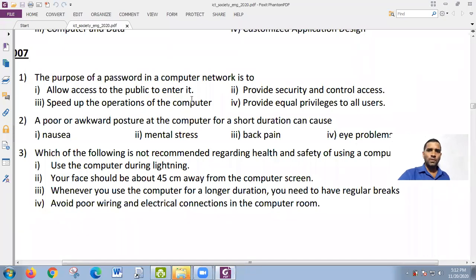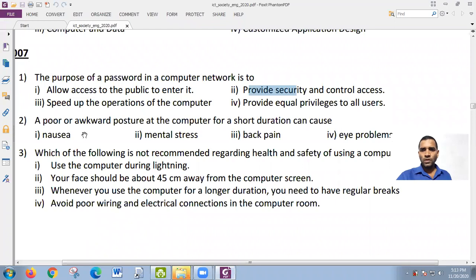Allow access to the public to enter it? Better, the second one is the best one: provide security and control access. With a password, you can provide security and also control access. The first one also has some confusion, but the best one is the second one.